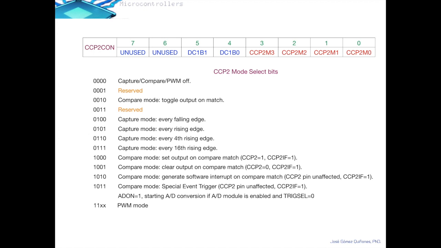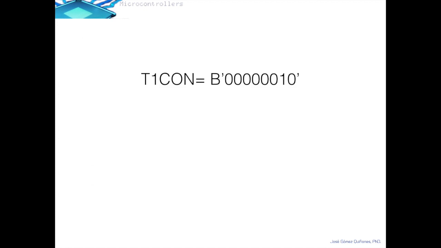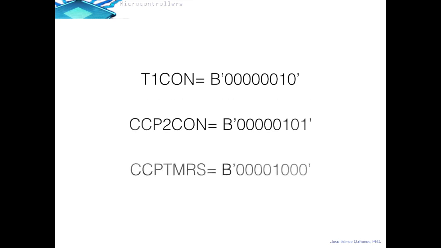In this case, as we are going to be capturing a time event, we decide to capture every rising edge of this event. So I'm going to put 0101 in those bits. In CCP timers, we are going to store B8 hexadecimal.